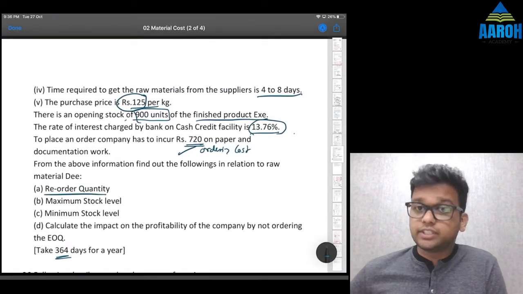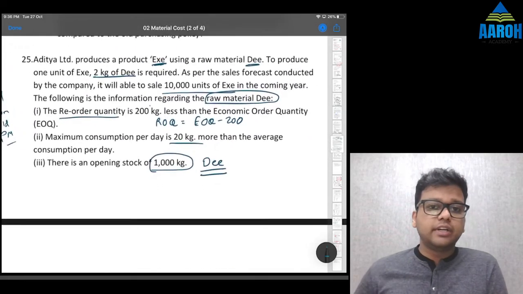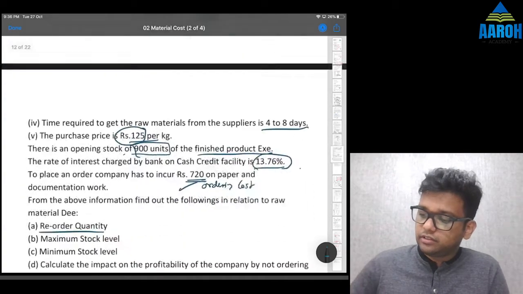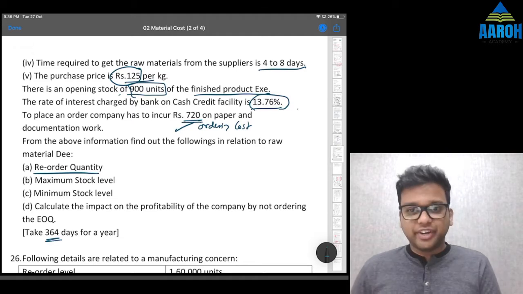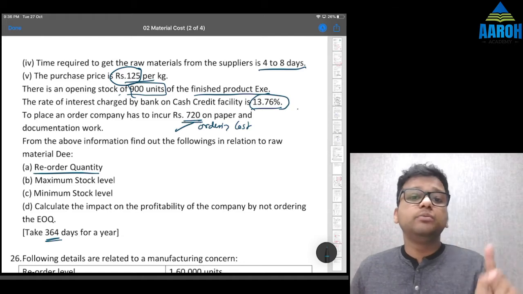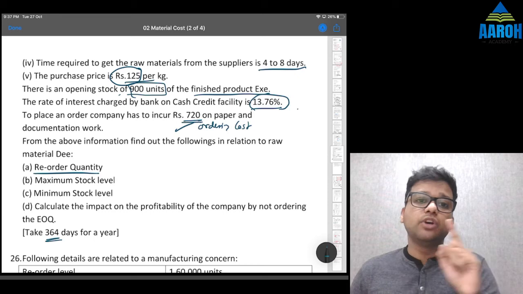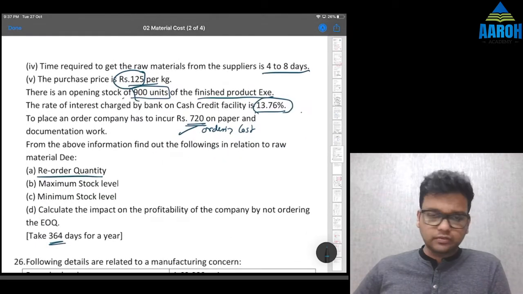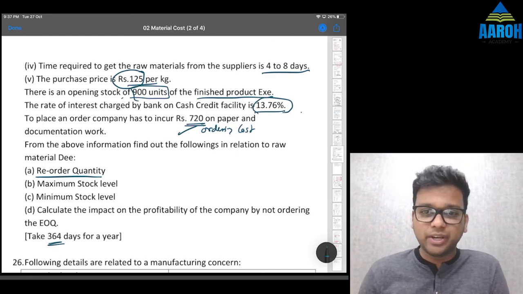What I would suggest to those watching is to pause the video, take a screenshot of this, and try to solve it by yourself for 5, 10, 15 minutes. Then resume the video and solve. Don't directly see the answer, that is of no use. Try to solve by yourself first, then look at the answer, which we will solve together. So I'm assuming you have all paused the video, resumed it, and tried by yourself.